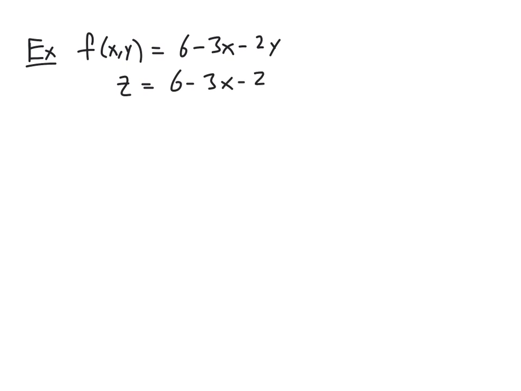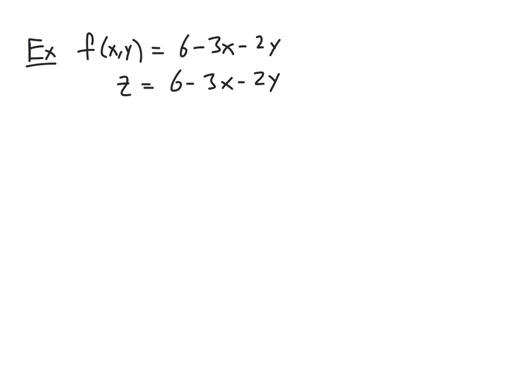So we can do one other quick example where we can figure out the graph by hand. Let's say we had the function f of xy, and it's equal to 6 minus 3x minus 2y. If we want to figure out what this is, the only way we can do this by hand in a clean way is to input a z in for f of xy, and rearrange the equation so that it looks like something that we've seen in the past.